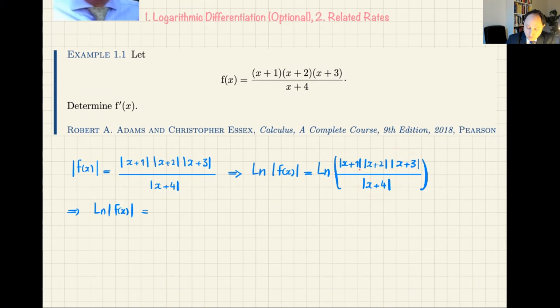So it becomes ln of the first one plus ln of the second one plus ln of the third one. So hopefully it's understandable that this becomes ln of absolute value of x plus 1 plus ln of absolute value of x plus 2 plus ln of absolute value of x plus 3 minus the ln of what is written in the denominator.